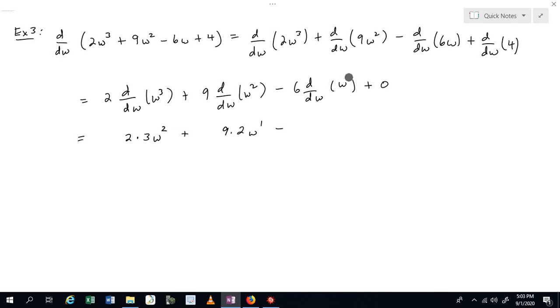Now, if you don't remember that, you can use the power rule. This is w to the first power, and so the 1 would get multiplied by the w, but then w would be raised to the 0 power. And w to the 0 power is equal to 1. And then that gets multiplied by the 6. Okay, so just to finish this off, this is 6w squared plus 18w minus 6.